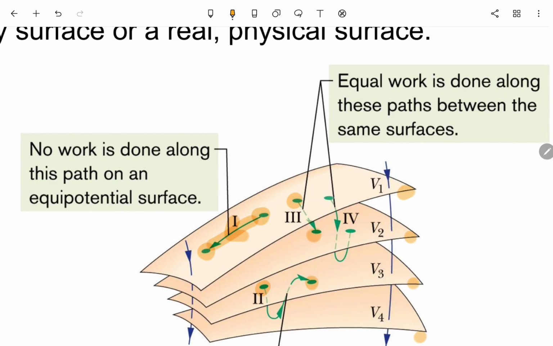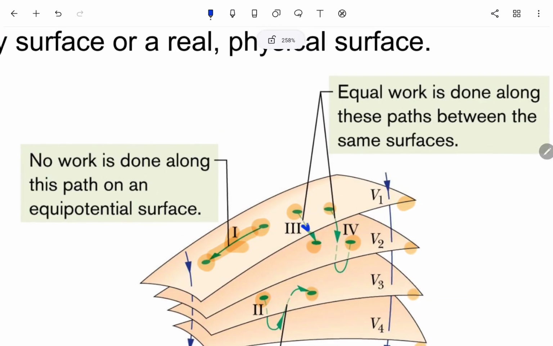For path 4, it also starts from V1 and ends at V2. The difference is that path 3 goes directly from V1 to V2 and stops, but path 4 goes a bit off, up to here, and then goes back.